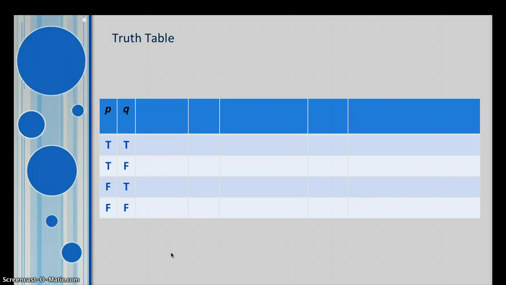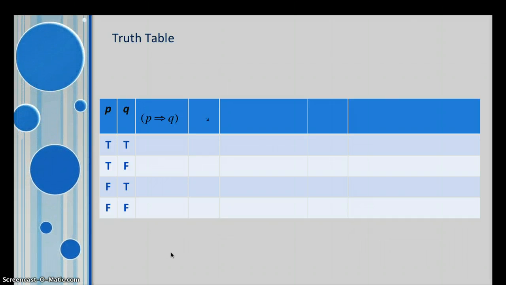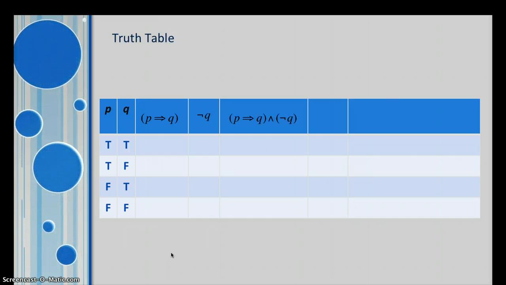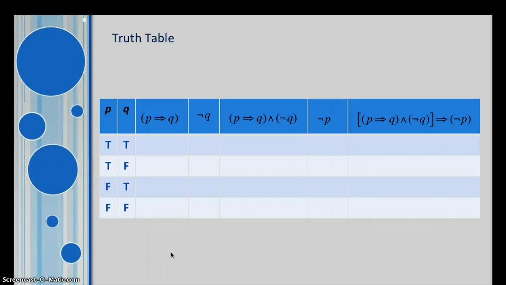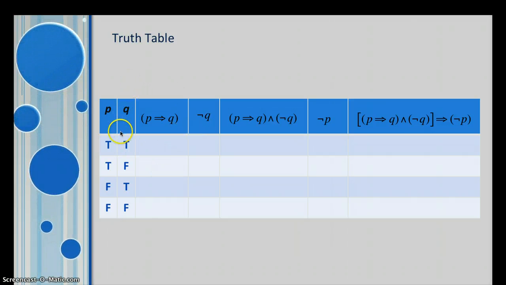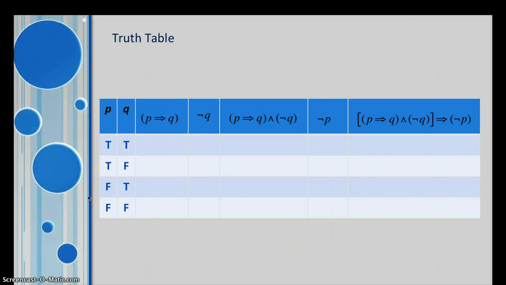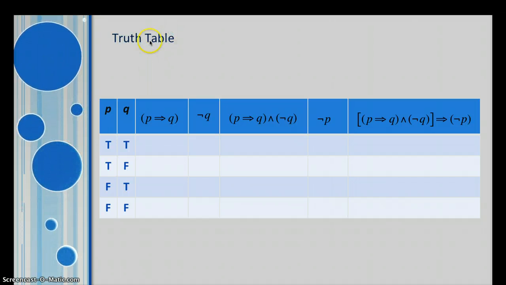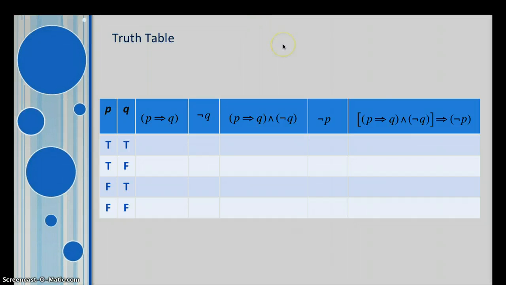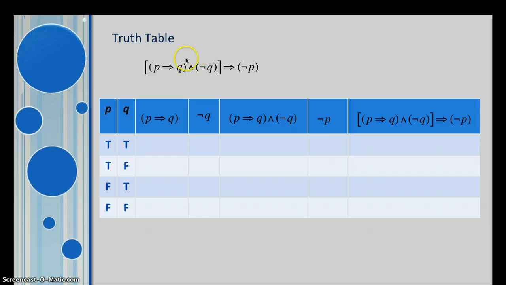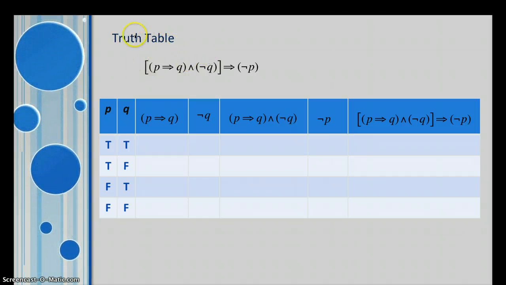So we have the P, Q values here, and then I will write all the notations that we need on top until you have the entire notation. If you take a look at the notations on top, I just chunked them one by one, so it's easy to make the decision of what we're going to have in the last column. So I write the last one on top.